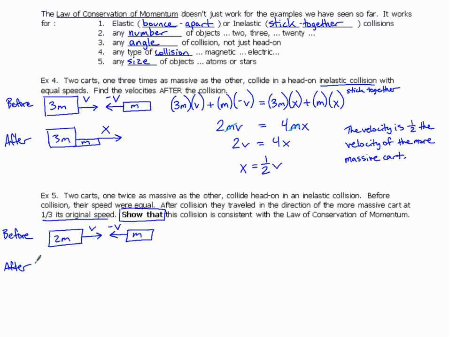After, and we're talking about an inelastic collision, so they're going to hit and they're going to stick together. Here are the 2 carts, and what this says, after the collision, they traveled in the direction of the more massive cart, which is to the right, at 1/3 its original speed.